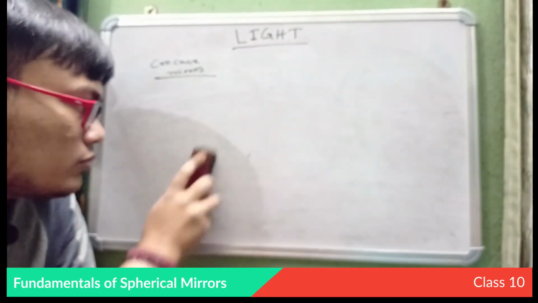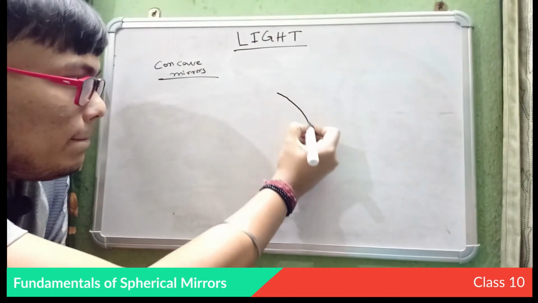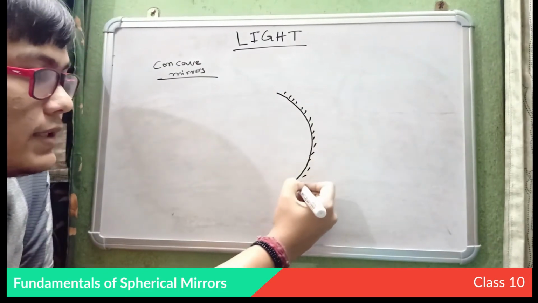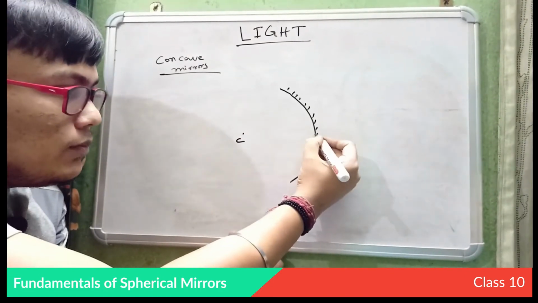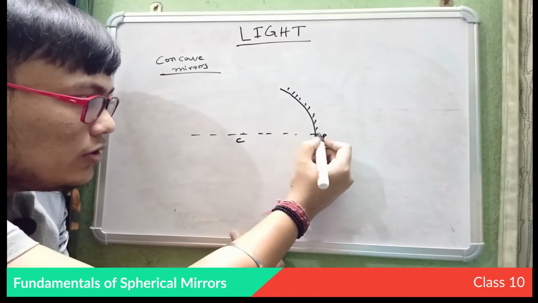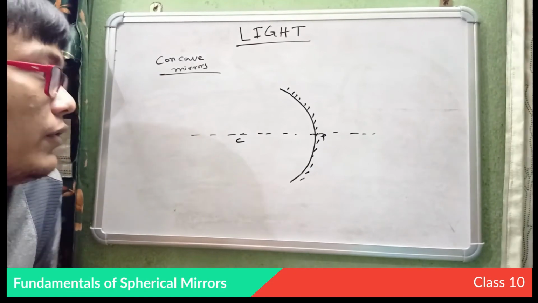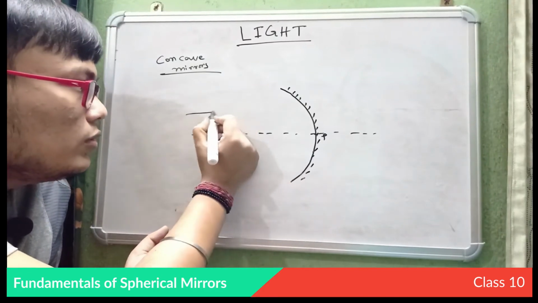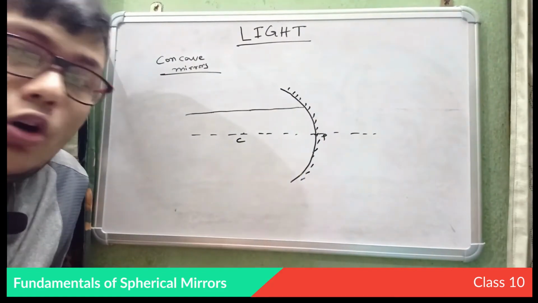So if I draw the concave mirror again, this is the polished surface. This is the center of curvature, this is the pole, this is the principal axis joining the center of curvature and the pole. Now the incident ray which is parallel to the principal axis is incident at this point on the concave mirror.